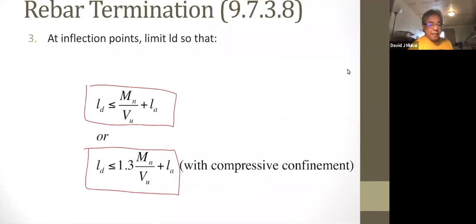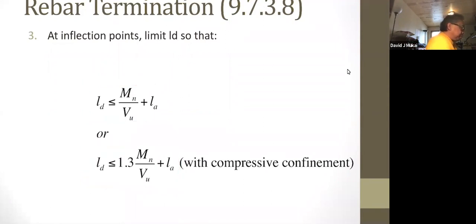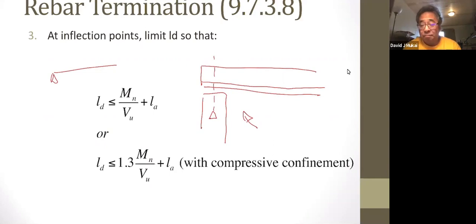Let me explain the difference. This has to do with a simple support, but a simple support doesn't look like this. In real life, it looks like this. And this right here is the support at the middle of whatever it's sitting on.